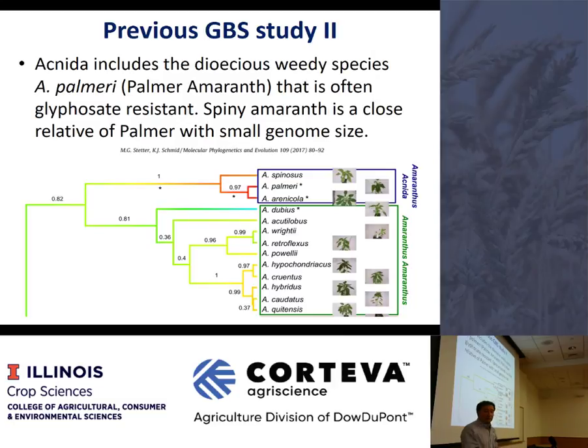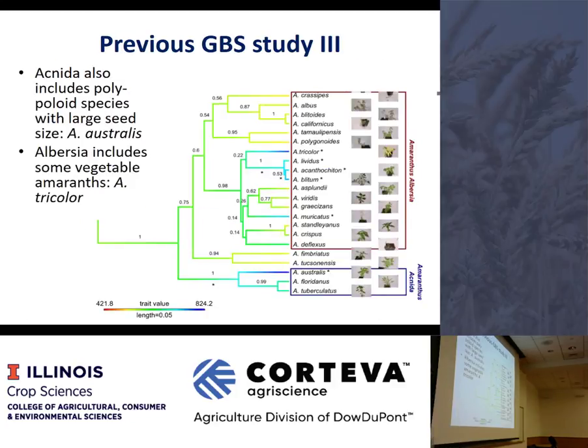And then, if I go to the next slide, you'll see the group that has potential polyploidy, and those include some vegetable species, like tricolor, which is in the group Albersia, and some other species, viridis, I think is sometimes used as a vegetable. And then another part of the Acnida have diverged from that group, it seems, and so there's a little controversy about the subgenus.